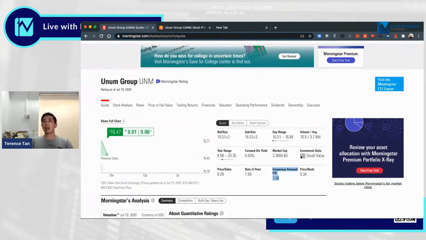For example, right now I think we have the S&P sitting close to about 20 PE. The long-term average where it's fairly valued is usually about 15, so anything above 15 is usually considered overvalued. So the S&P right now is actually overvalued as a whole. But we have great companies like Unum right now that's sitting at 3. That really shows you how deeply undervalued Unum as a company really is.